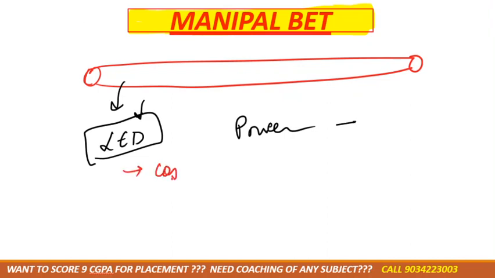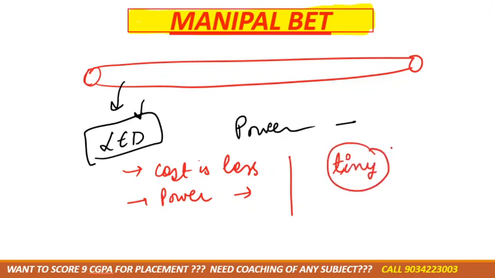Plus point, cost is less, power consumed is less, and it is also small. You must have seen tubelights were big, they are tiny, right?